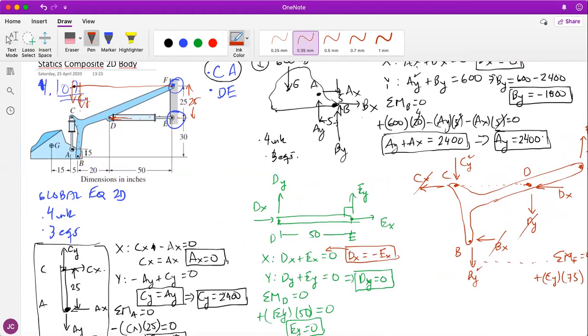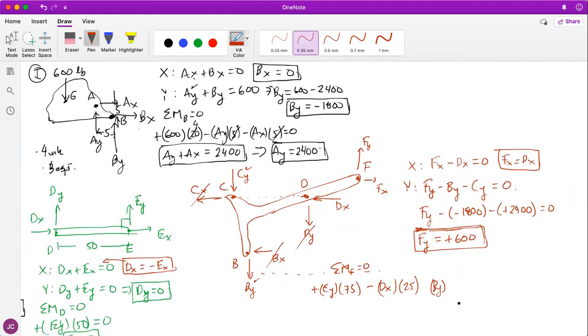Not completely the 75, but just 70. So let's move 70, and according to me, this should be 70 and a plus, now equals 0.